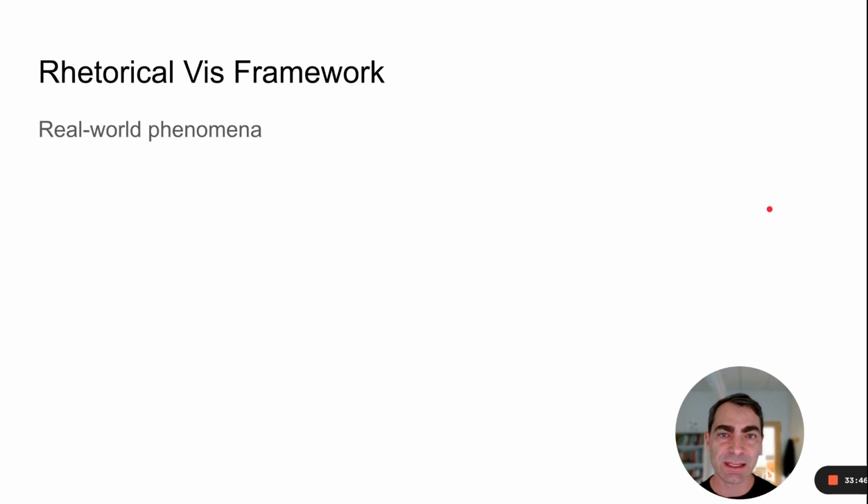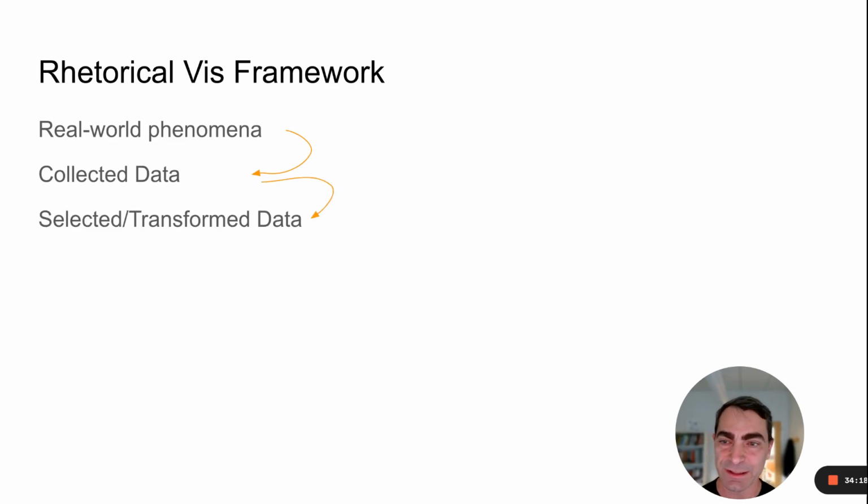We look at data because we want to analyze, we want to understand some real world phenomena, right? So it's not like we are particularly interested in data because we like data. Well, maybe some of us might actually like data, but we look at data because we want to understand real world phenomena. So somebody somewhere somehow collects some data that describe this phenomena, right? It may be ourselves, it may be more often some data that has been collected somewhere else.